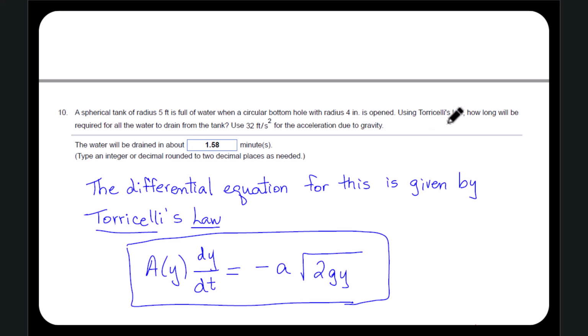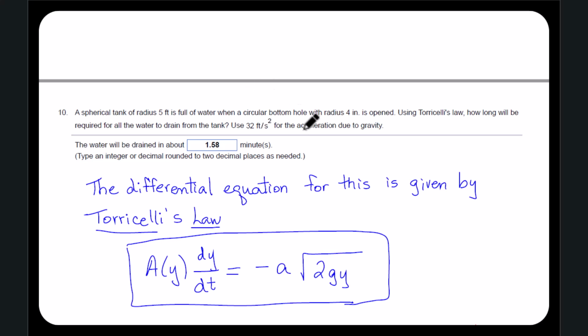So they want us to use Torricelli's law for how long it takes the water to drain out of the tank. We're going to use the gravitational constant of 32 feet per second squared and not the normal units of 9.8 meters per second squared.